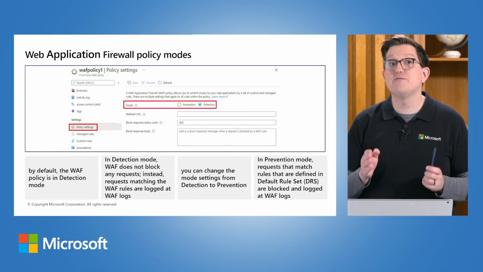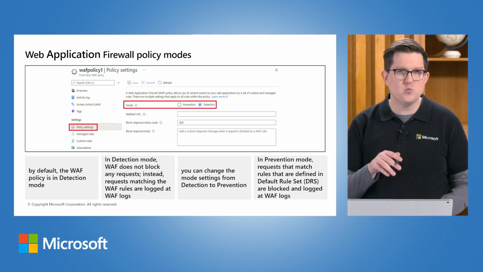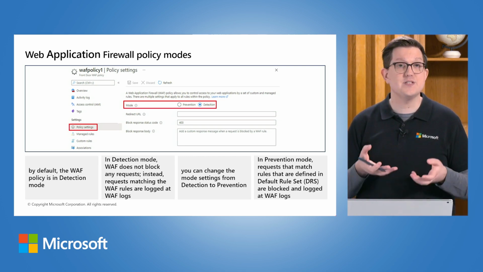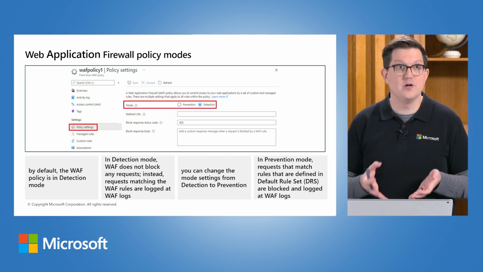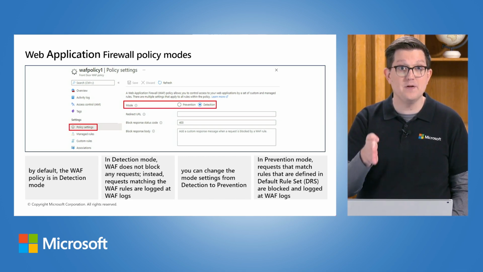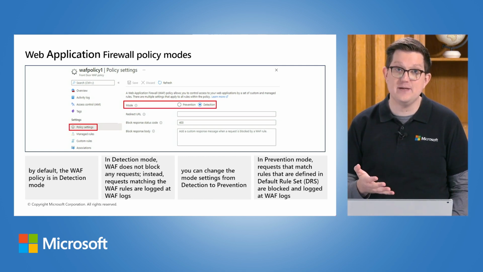Now, web application firewalls have a couple of different policy modes, and it's good to remember which one to implement at the right time. Because there is potentially some large impact in your environment, because the core goal of a web application firewall is to stop threats, you may wish to run it in a detection mode initially.